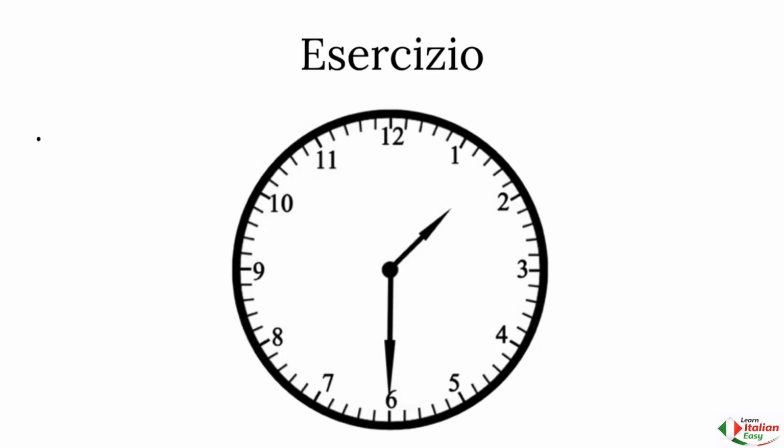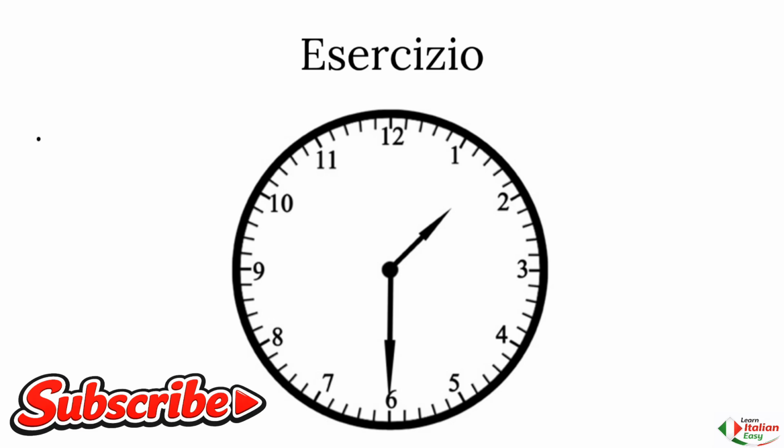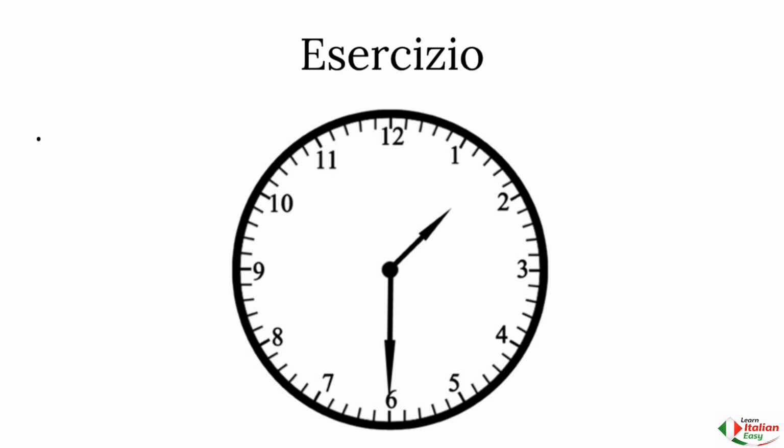Another one. Che ore sono? This is a little bit more difficult. È l'una e mezza. Did you remember to change the verb to be? Because we're talking about one. One is singular. So you use the singular form of the verb to be, è. È l'una e mezza. It's 1:30.